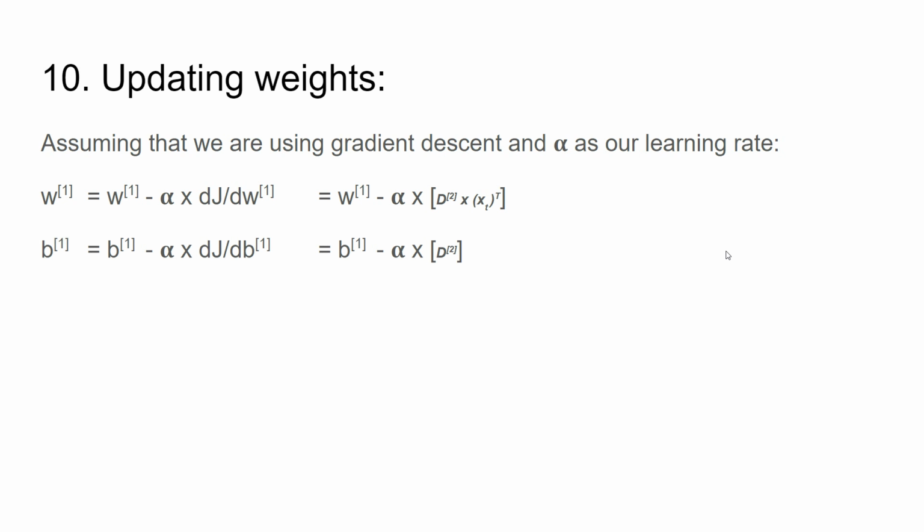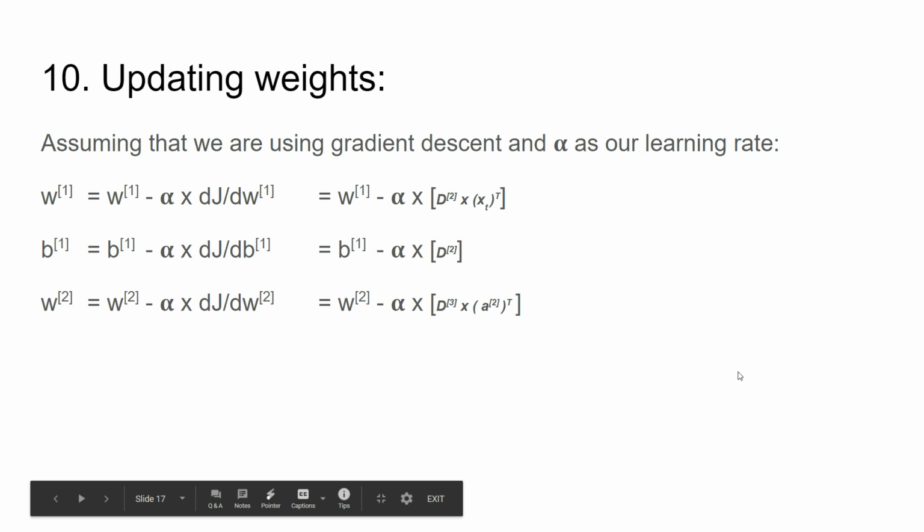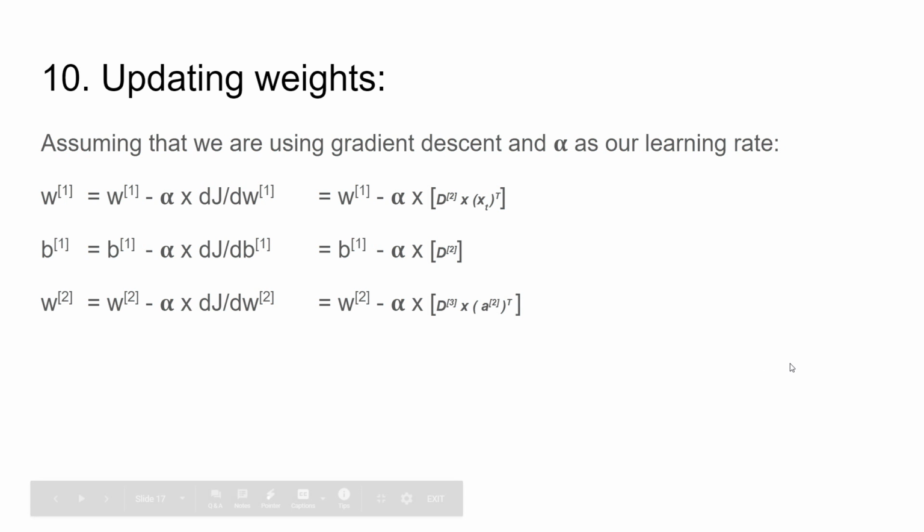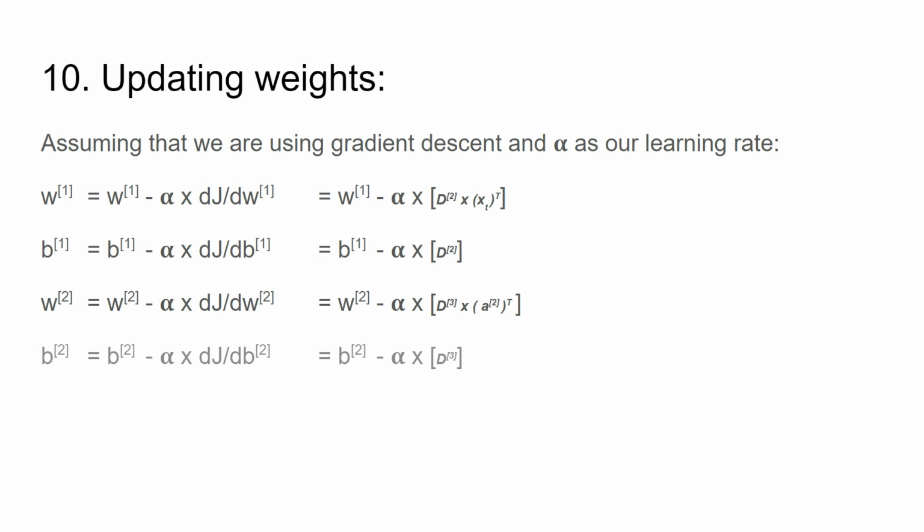Similarly, b1 equals b1 minus alpha into d2. W2 equals W2 minus alpha cross dj by dW2, which is W2 minus alpha cross d3 cross a2 transpose. b2 equals b2 minus alpha into d3, and similarly all the weights.